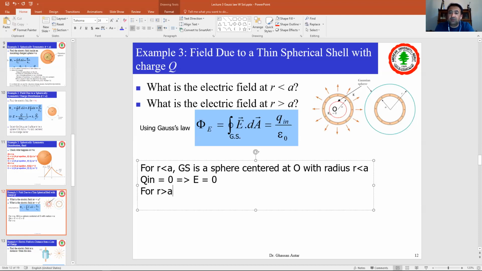Again, we choose a sphere with radius r greater than a. And now I solve exactly what we did before.